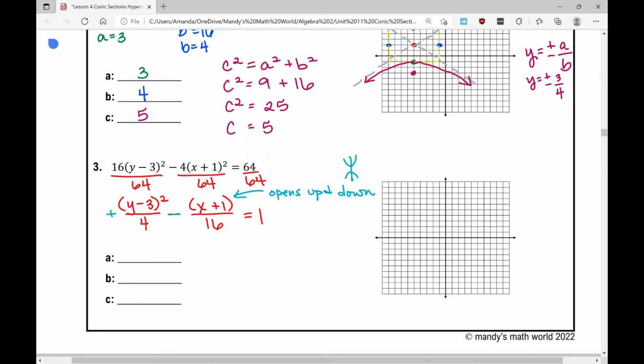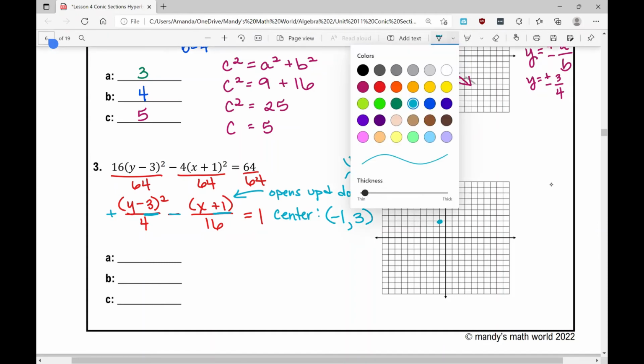Okay, so where's my center point? Let's graph that. The center point is going to be at x equals -1 and y equals +3. So at -1, +3, there's my center point. Now let's find our a and b values.